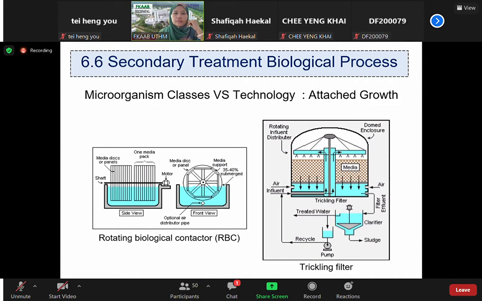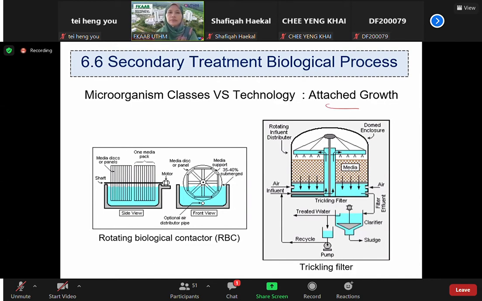The bacteria are on the disk, rumah dia, the host. Or we use media like rock as a trickling filter. Dia akan hidup kat sini for them to grow and do the decomposition process. So this is the attached growth process.